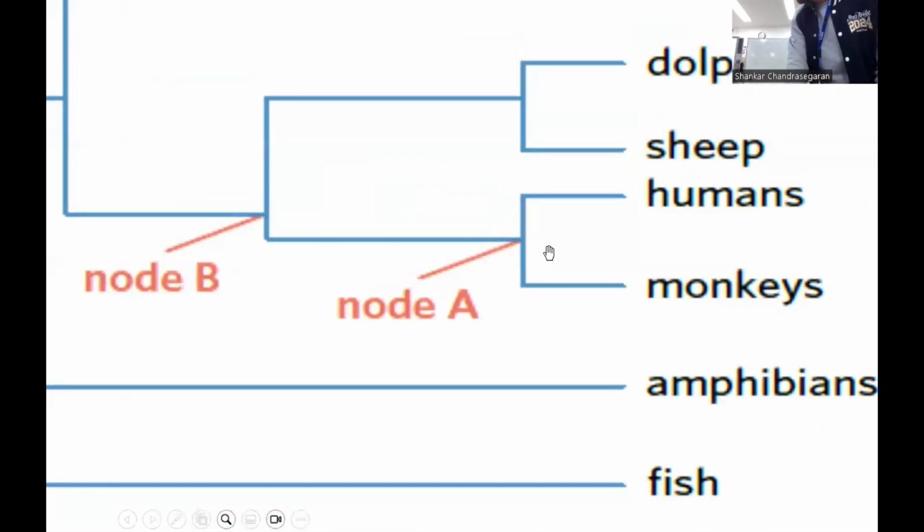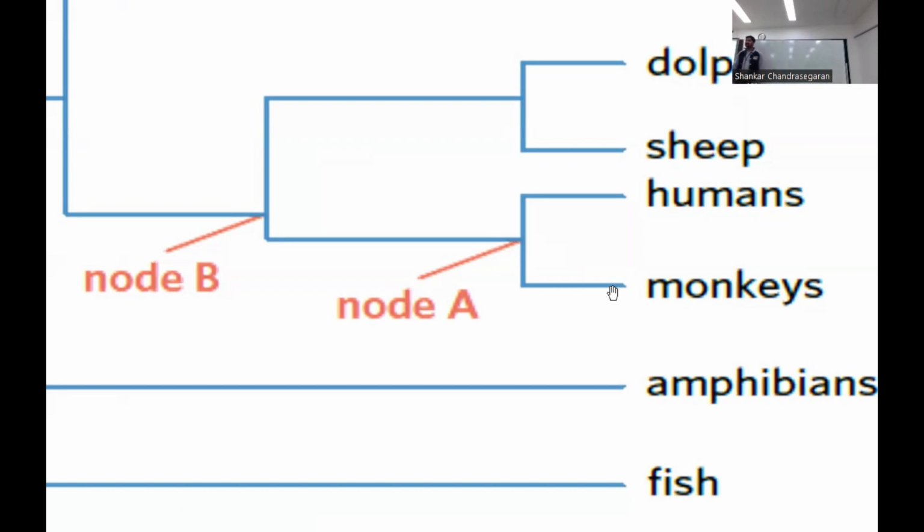What you see is that if we work backwards from the human leaf, we see our first node, and that node is shared with monkeys. That indicates that we have a common ancestor with monkeys, which means that monkeys and humans are very closely related.